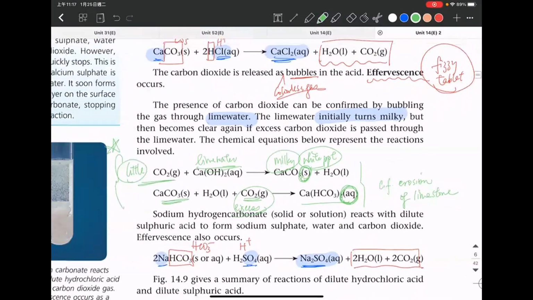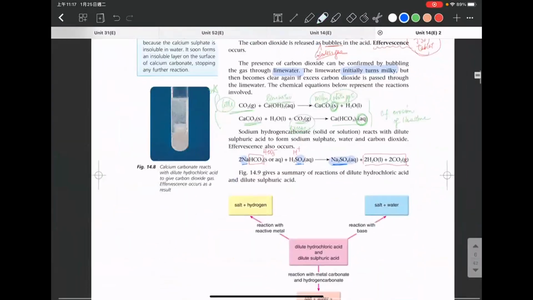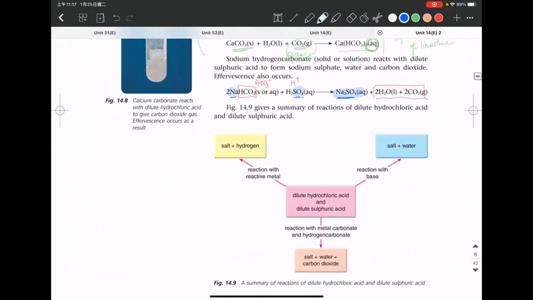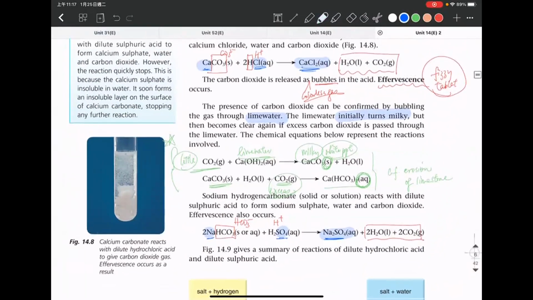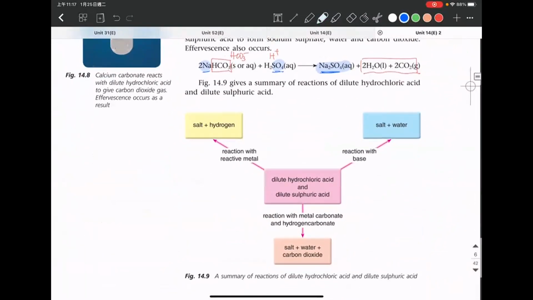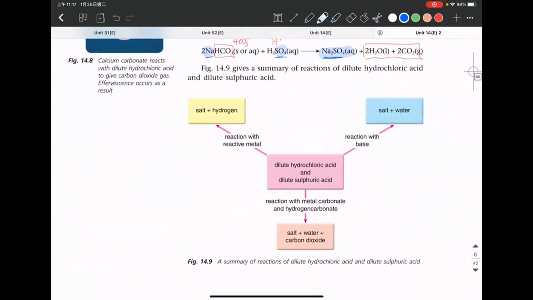Okay. Now, one more point. Could you please draw your lab setup to do this action? How can you do this in practice? Could you please draw the lab setup in the spaces provided?